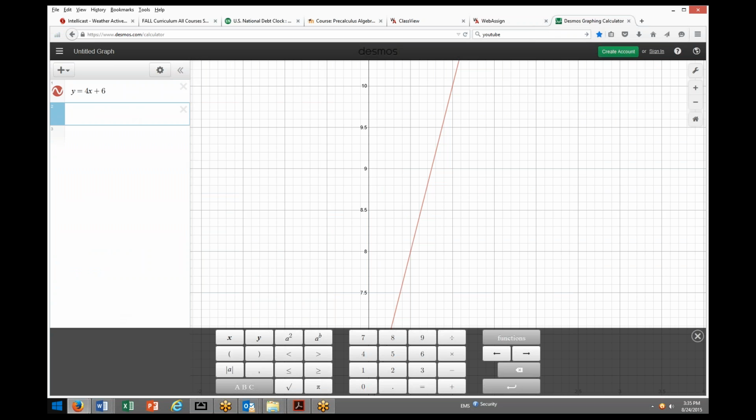This is a very nice feature of Desmos that is not true about Texas Instruments graphing calculators. You may recall, I'll remind you here, the equation we started with that we graphed using the table of xy values was 2x minus y equals 4.